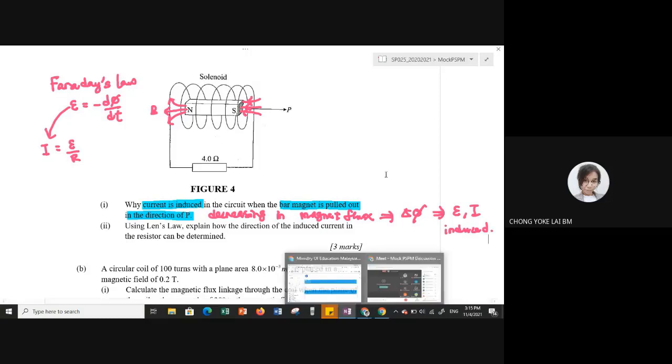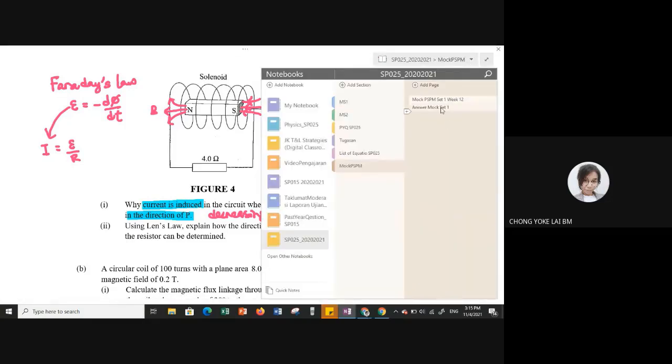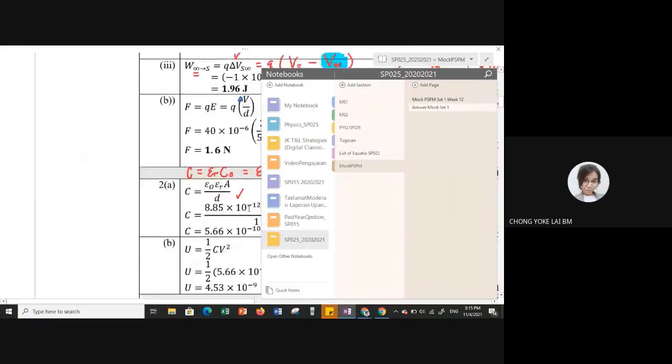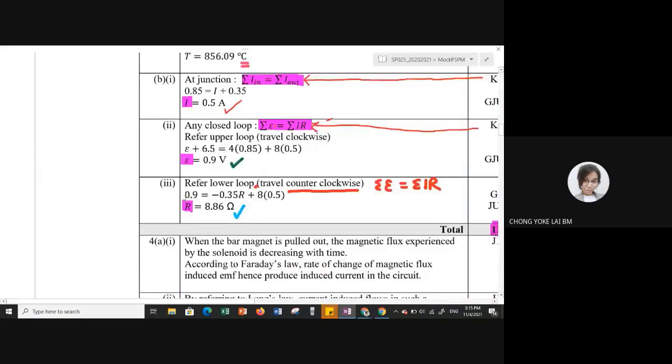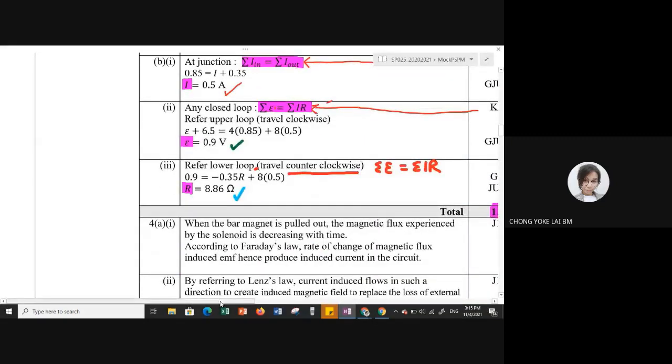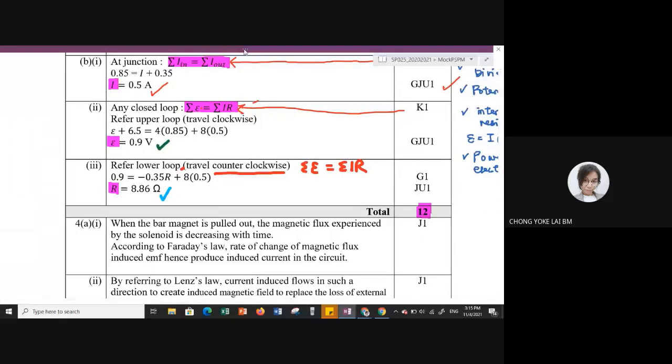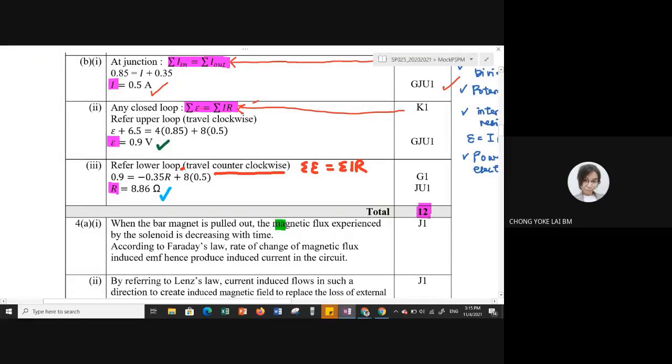So solenoid akan rasa decreasing in magnetic flux. Okay? So untuk dapatkan markah supaya jawapan lebih tepat, anda mesti ada ni. Jawapannya ialah the magnetic flux experienced by the solenoid is decreasing with time. Satu markah saja.